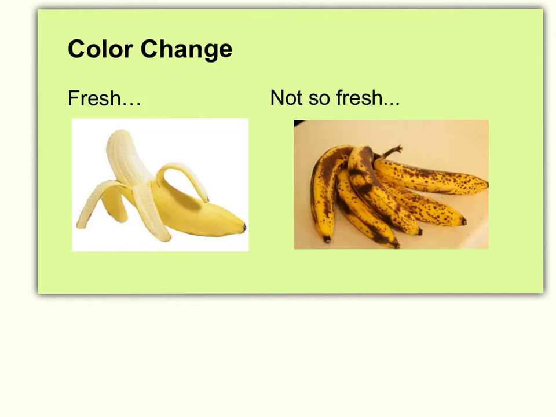If we go back to plants, another example is when the leaves change color in the fall. You start in the summer with a lovely green leaf, and then in the fall you end up with the same leaf, but it's a red or golden color. That's how we know that another chemical reaction has taken place.